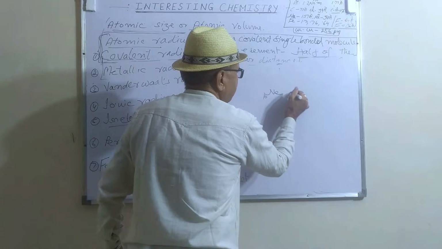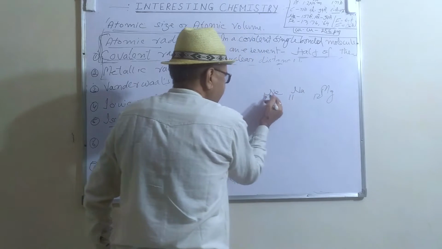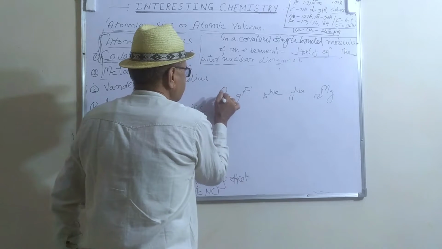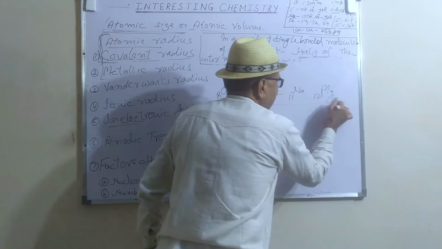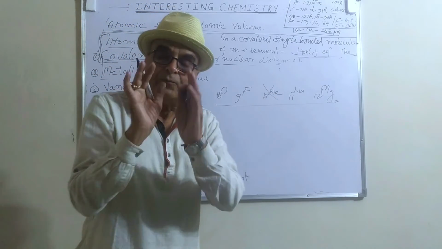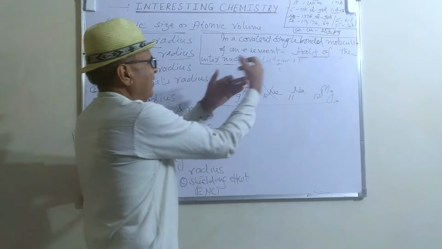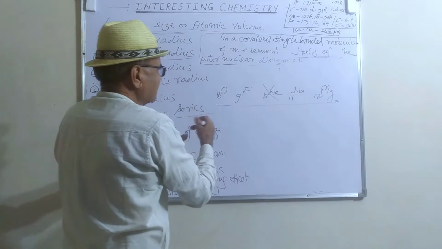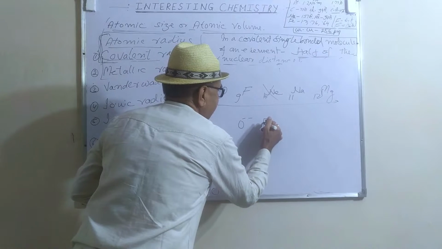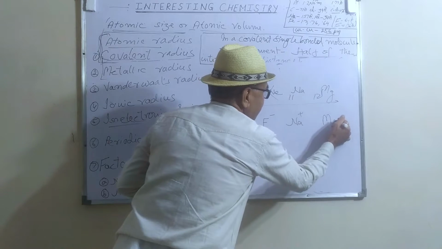Take the example of 11 sodium, 12 magnesium, and on the minus side, the 9th fluorine and oxygen 8. With the help of neon, you find sodium, magnesium to the rightward and fluorine, oxygen to the leftward. Now make the oxygen double negative, F negative, Na positive, and magnesium double positive.